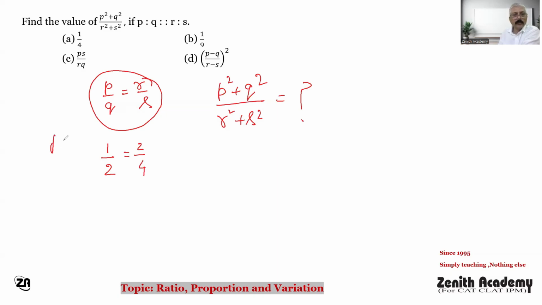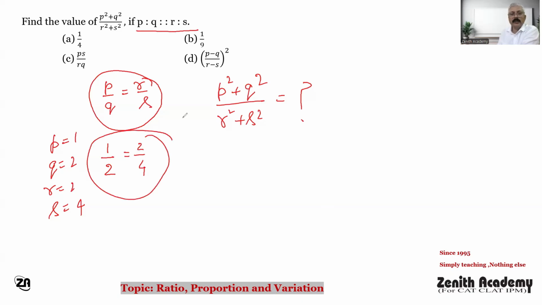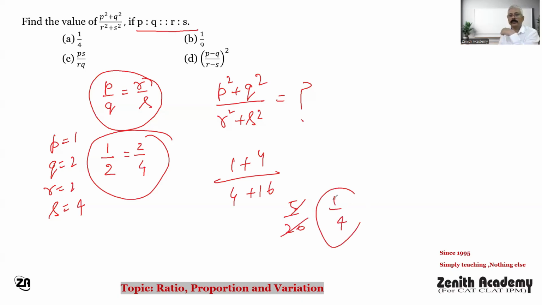So P upon Q must be equal to R upon S as it is given here. Now put these values here. P is 1, the square is 1, Q 2, 2 square is 4. R is 2, 2 square is 4. S 4, 16. It is coming 5 upon 20, means 1 upon 4.